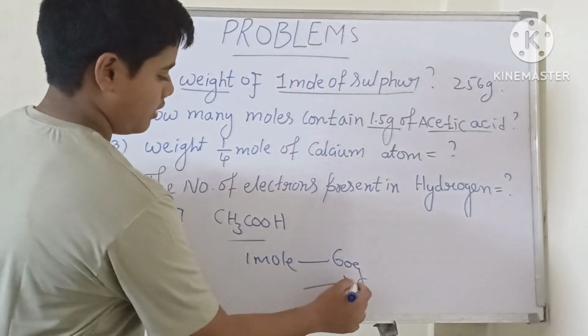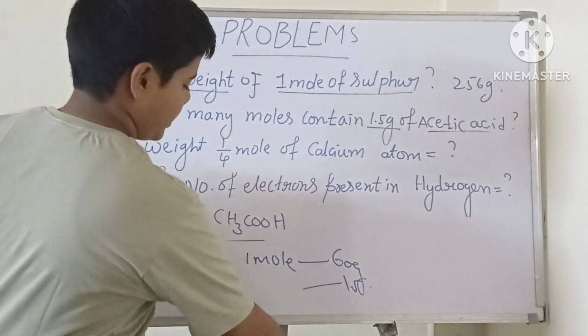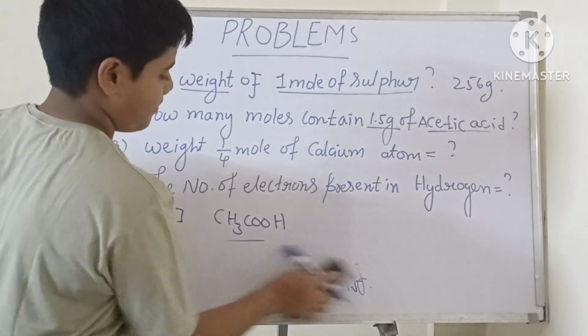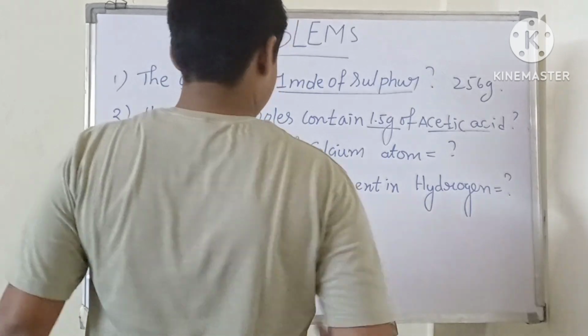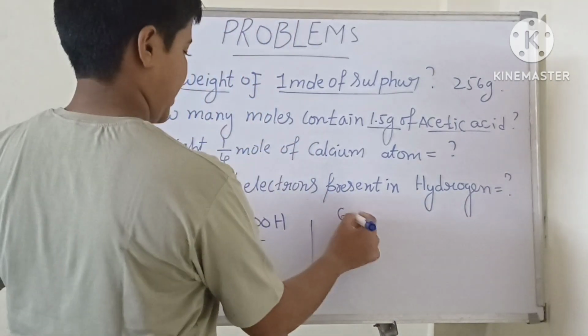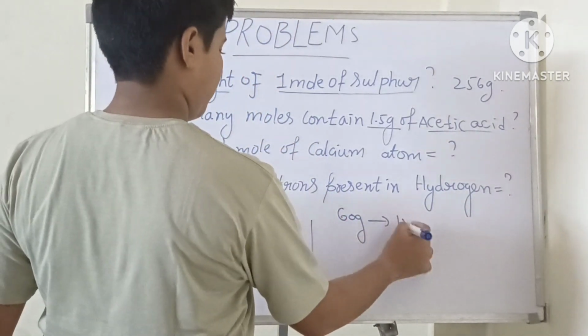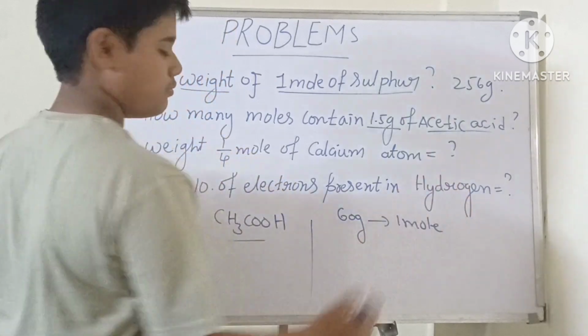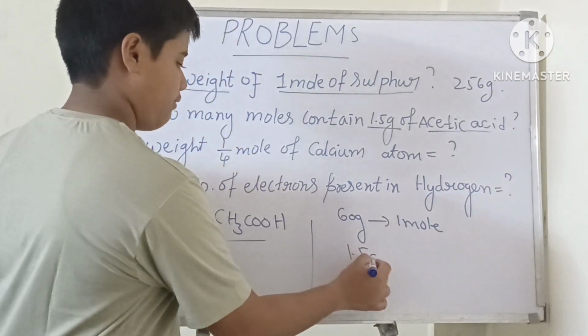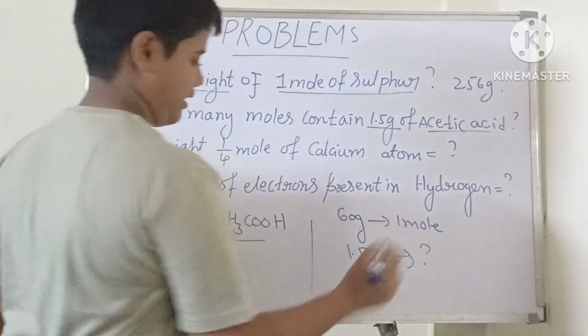I will write again, see. Here 60 grams present in 1 mole. And here we have to find 1.5 grams of acetic acid.